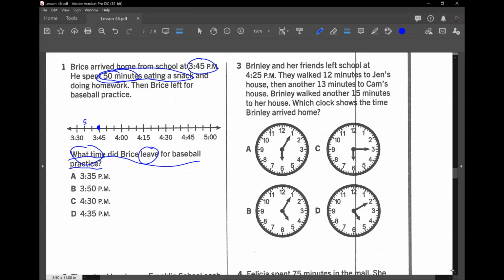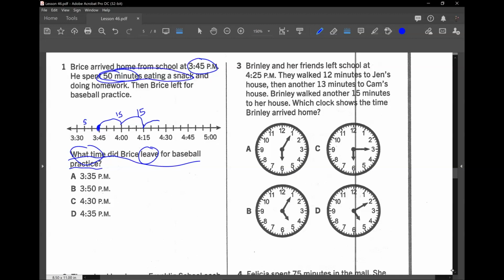Now, I can do this a few ways. I can count by fives until I get to 50. Okay. If I can do 15, then that'll be easier. So I know that from here to here is 15 minutes. I know from here to here is 15 minutes.